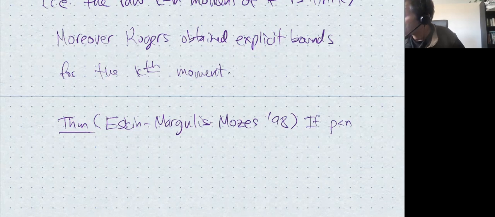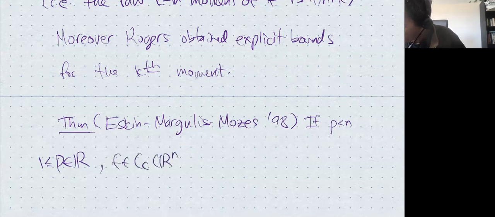So p is a real number, at least one, less than n, and f is again compactly supported continuous, then f hat is in L^p.